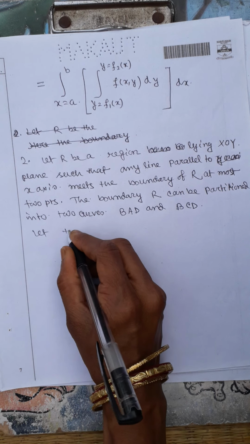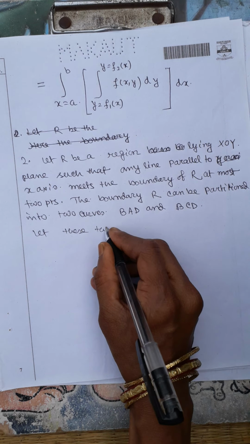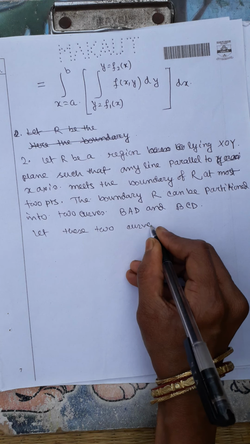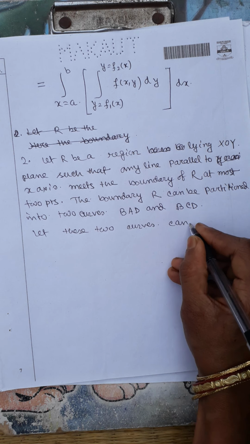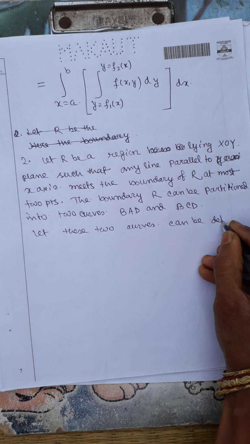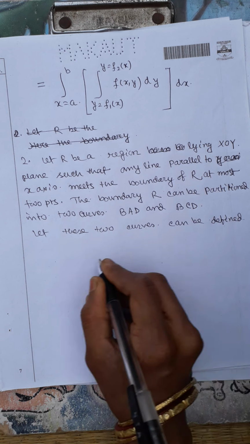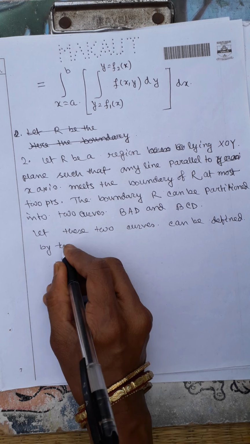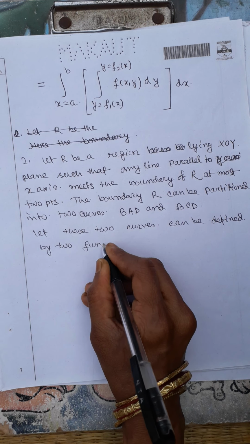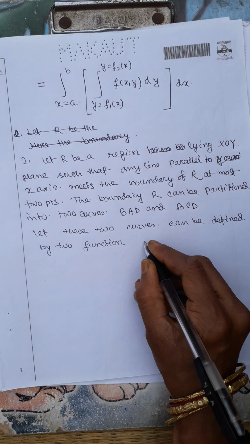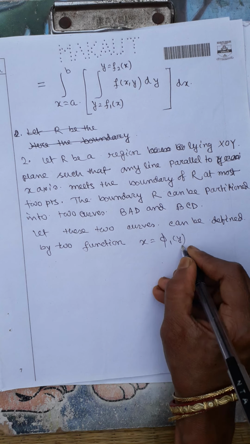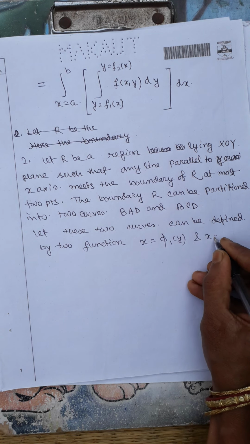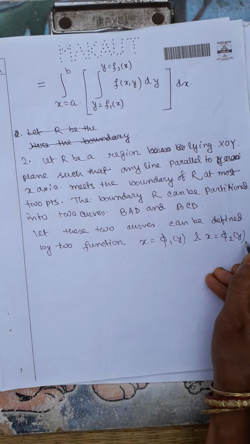Let these two curves be defined by two functions, say x equals phi 1 of y and x equals phi 2 of y.